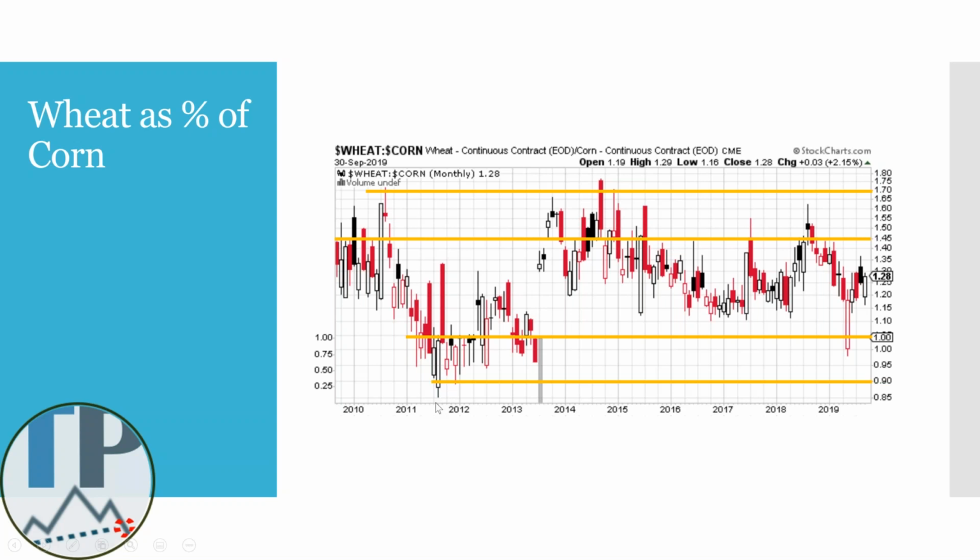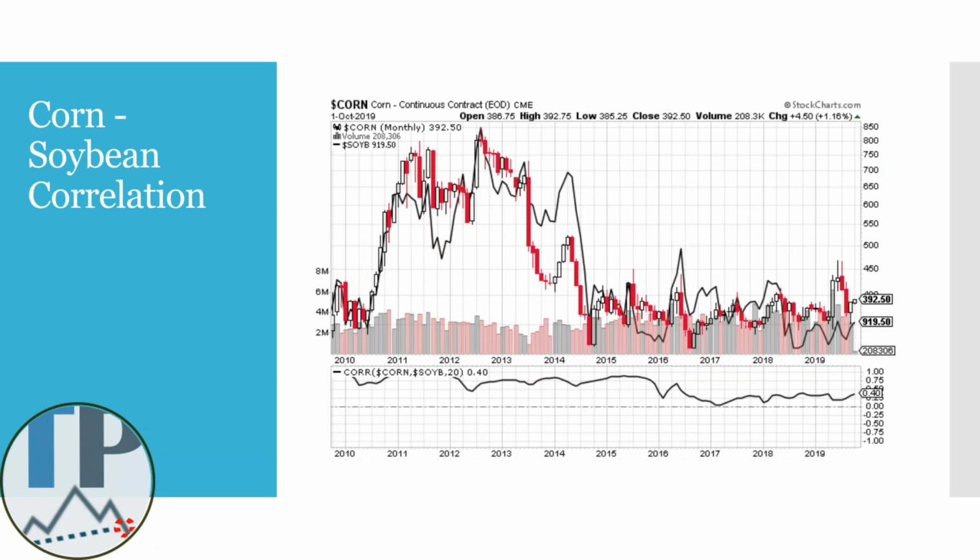If you look at mid-2011, you can see that the white candle that protrudes to its lowest point in mid-2011 would have brought the percentage that wheat was trading of corn below 1. That doesn't happen very often, and obviously that could have been a very profitable trade had one held. These are monthly candles, so had one held even 1 month later, you could see how that percentage spiked up.